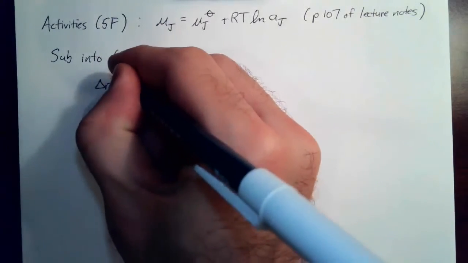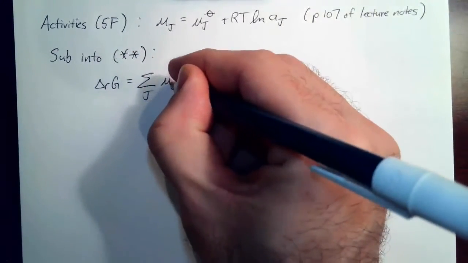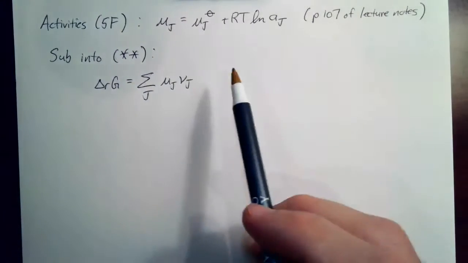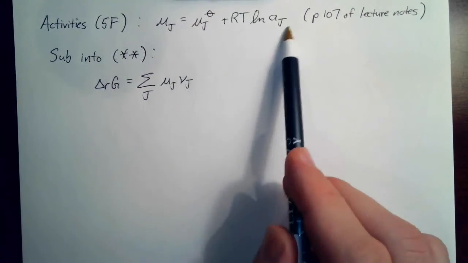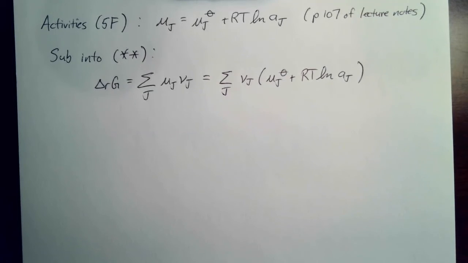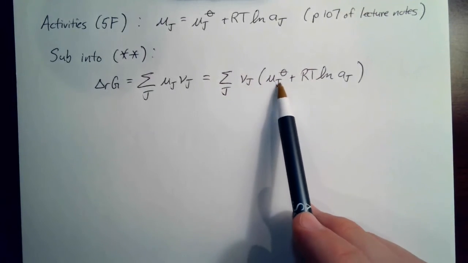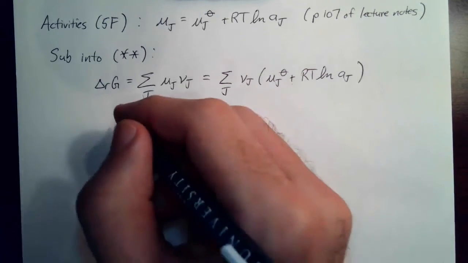So this is what star star looked like. And now I'm going to substitute into this for μj. Inside my sum, I have this product, and I'm going to go ahead and expand this right here.